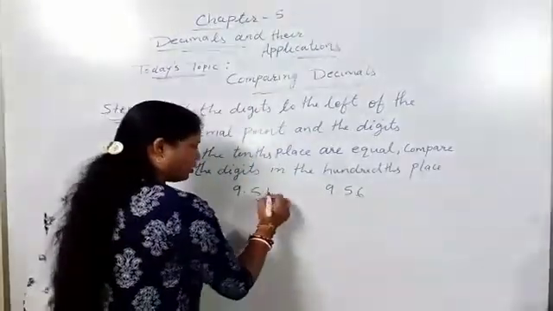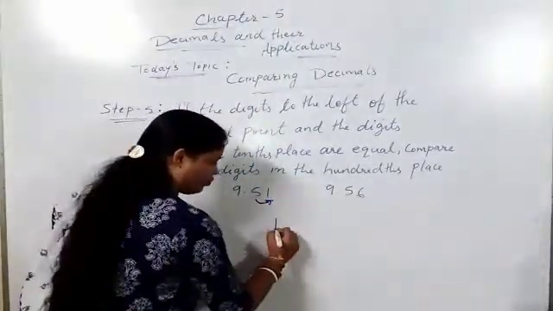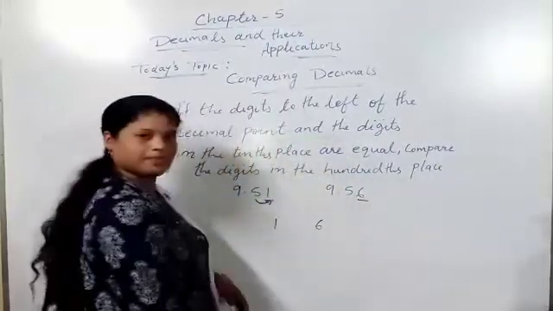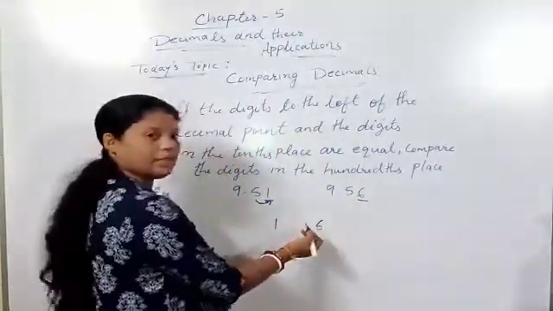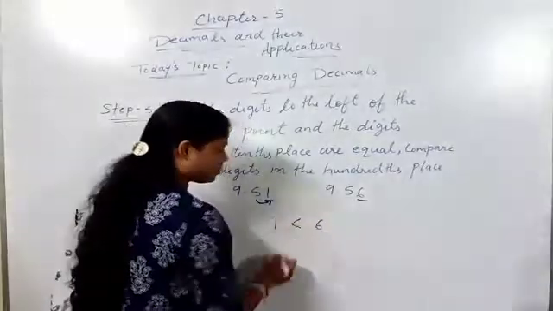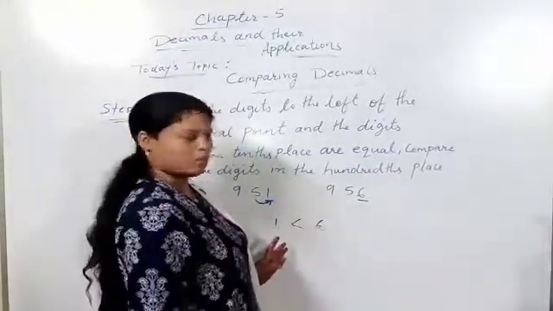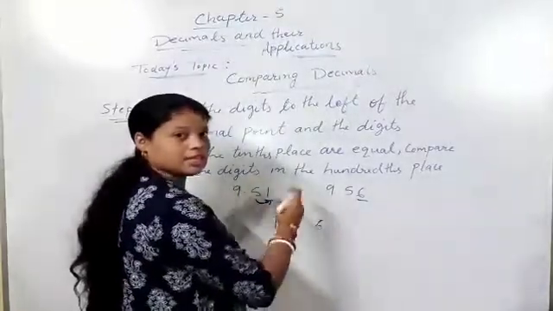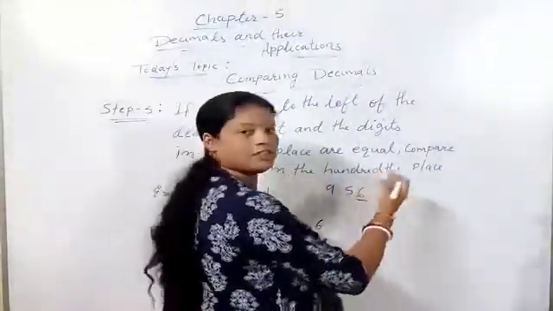Here in the hundredths place it is 1, and here it is 6. So 1 is lesser than 6, or 6 is greater than 1. So we write that 9.51 is lesser than 9.56.